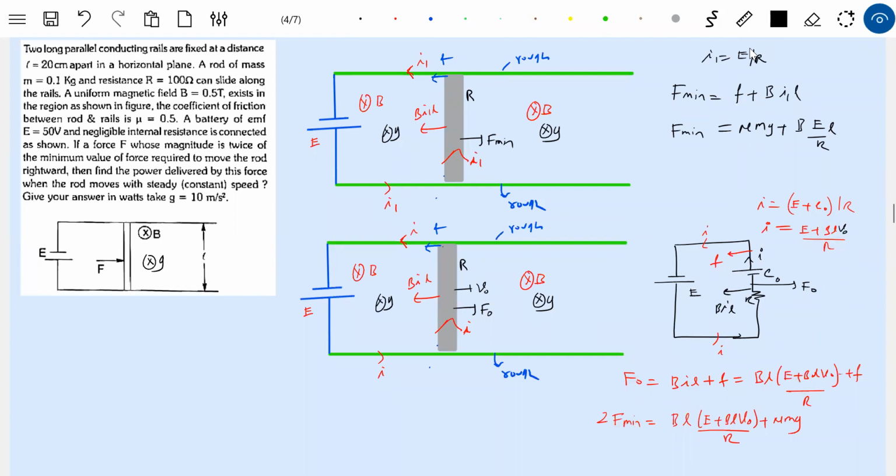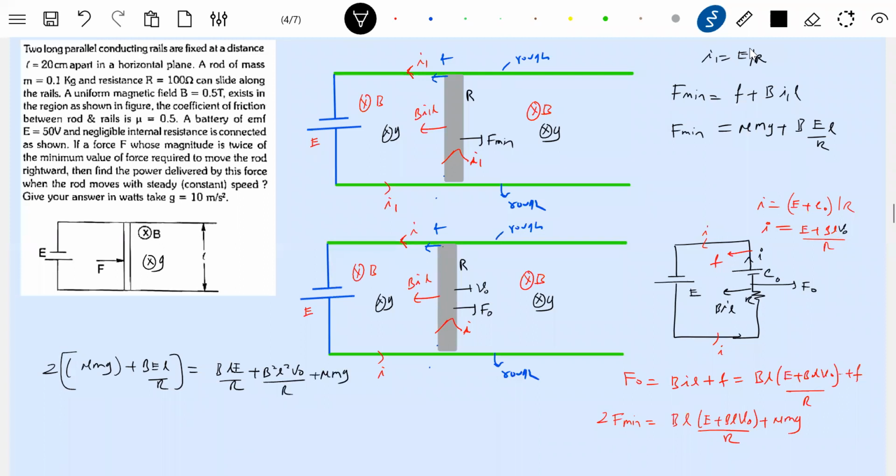Now we'll solve this. 2 times mu mg plus BELR is equal to B square L square V naught by R plus mu mg.